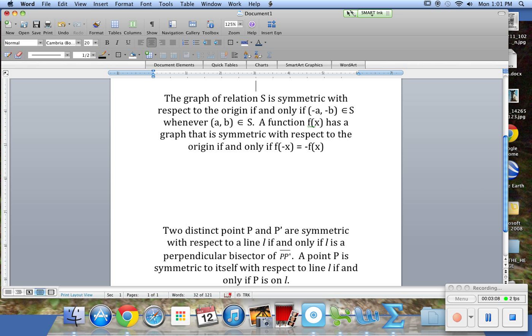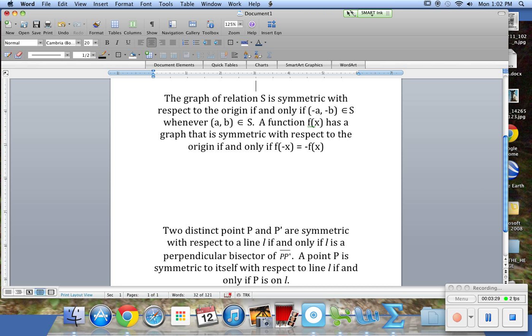The graph of relation S is symmetric with respect to the origin if and only if (negative a, negative b) is in S whenever (a, b) is in S. What does this mean?